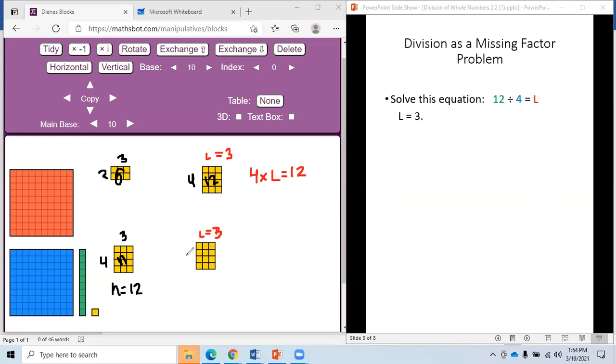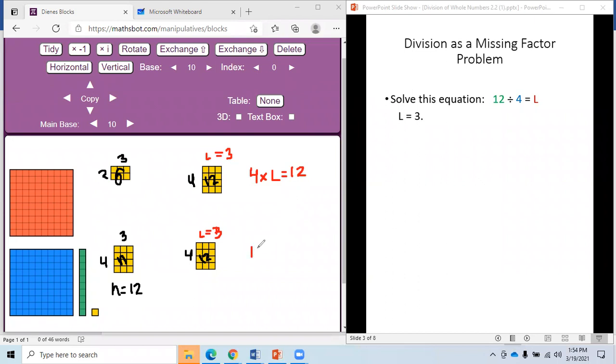The parts we were given was our divisor and the total area, or the product, the total number of blocks we had. What does this represent if I were to write it as an equation?